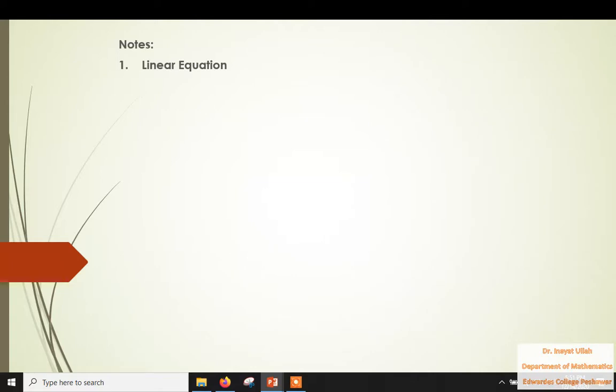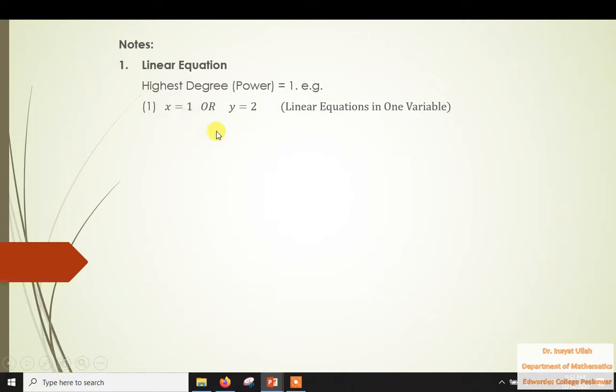As we all are familiar with the definition of a linear equation, it is an equation in which the highest power of the variable is 1. For example, look at these two equations, x equal to 1 and y equal to 2. In the first equation, the highest power of the variable is 1, so this is a linear equation in one variable x.